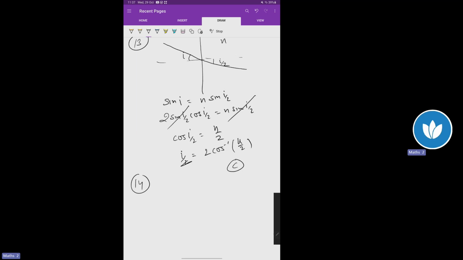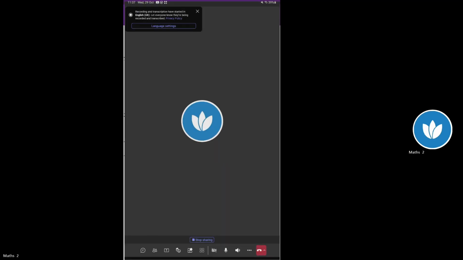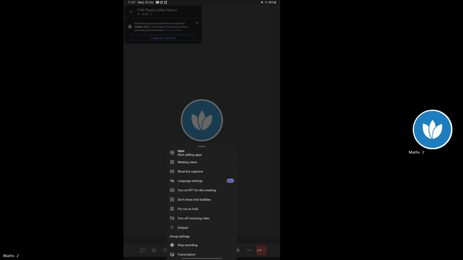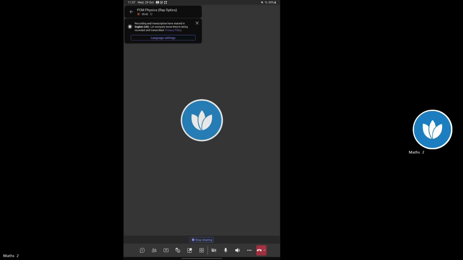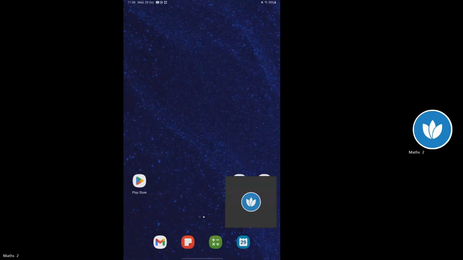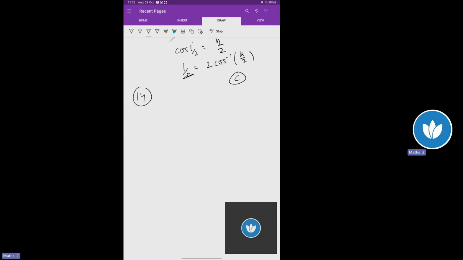Question number 14. A point source of light is placed at the bottom of a vessel containing a liquid of refractive index 5 by 3.